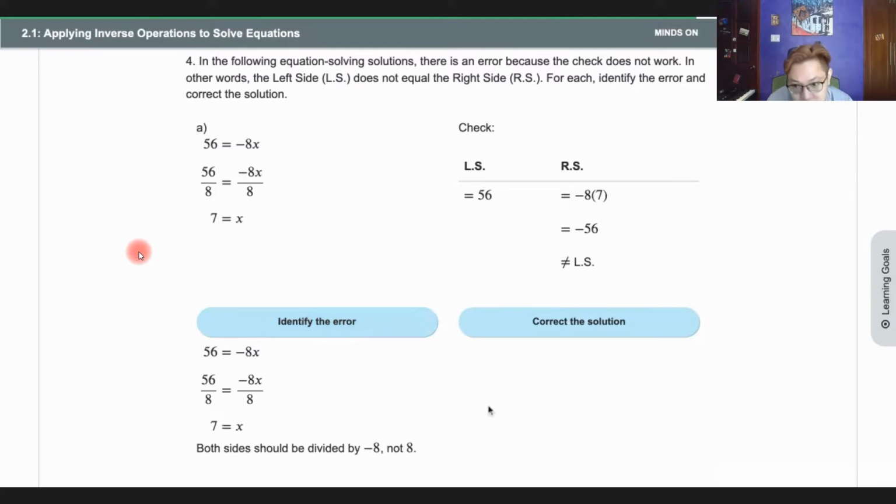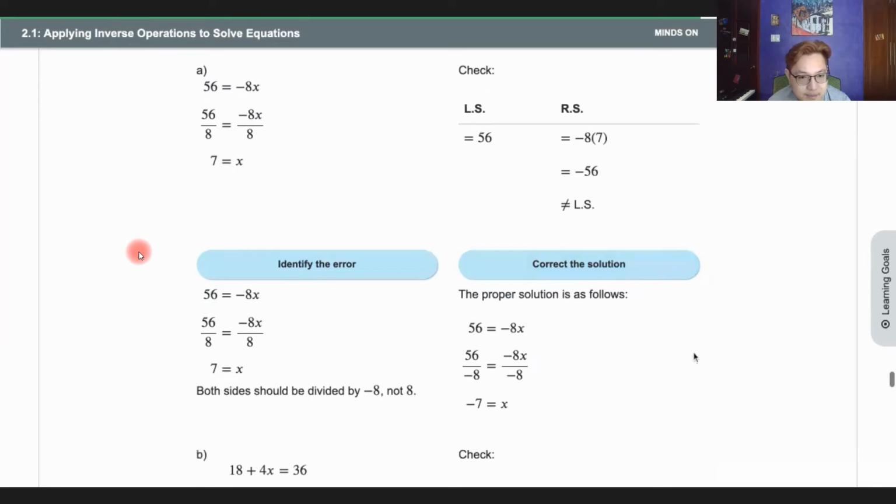And the correct solution is, of course, negative 7, x equals negative 7.